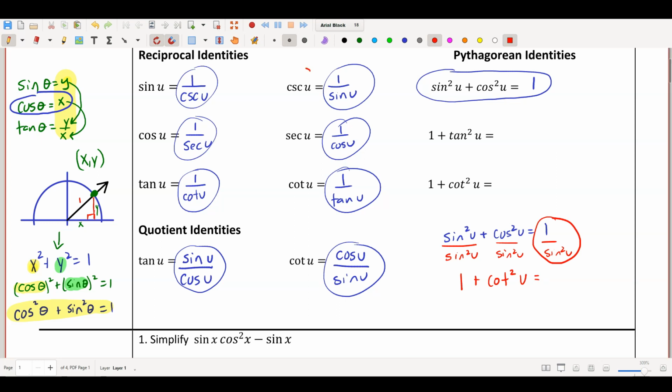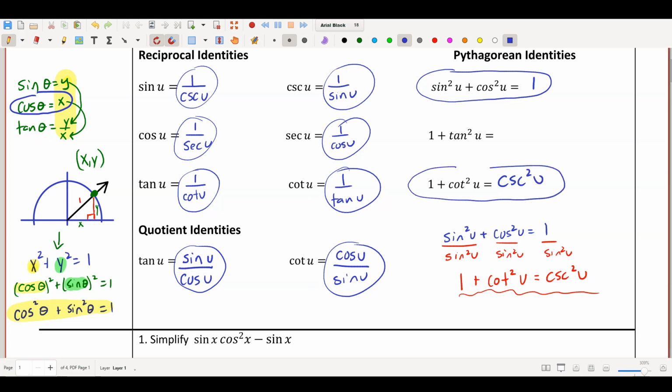Well, 1 over sine squared of an angle is cosecant squared of an angle. So this right here is basically the same Pythagorean theorem, but I just changed it slightly. I made it look different because I just divided everything by sine squared. So this is the last identity you can see right here. We're going to write this in. It says 1 plus cotangent squared u. What is that equal to? Well, it's equal to cosecant squared u. There it is.